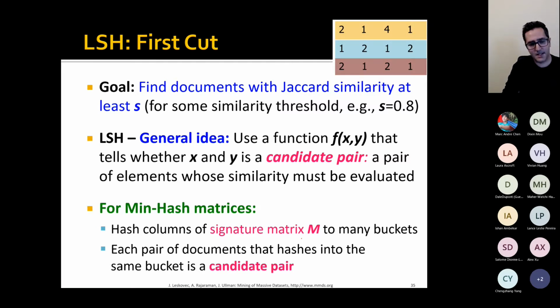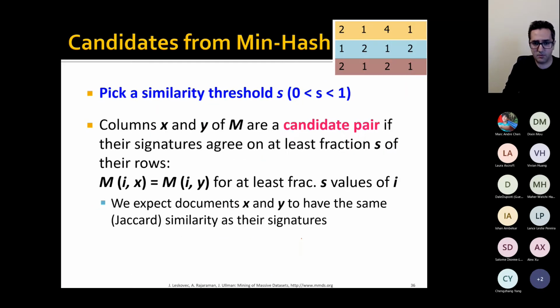And the idea is using hashing again in this step, and I will use an example to show you how it works. But before we move on to locality sensitive hashing, this slide tells you how you can actually use the signature matrix to come up with candidate pairs.